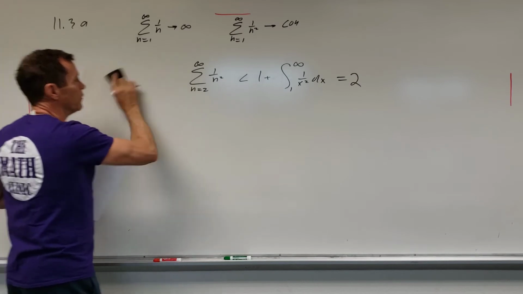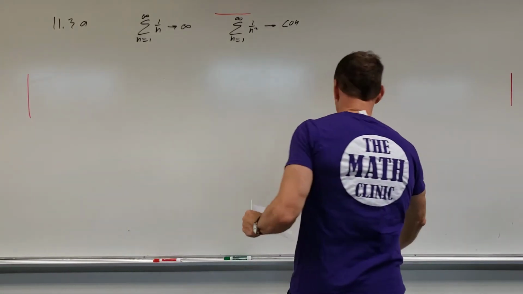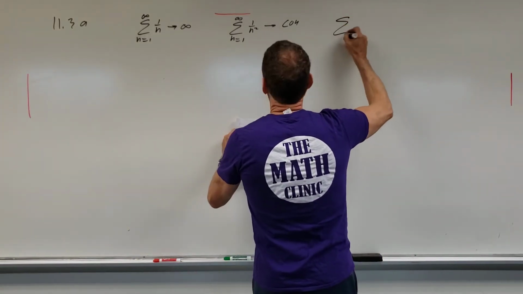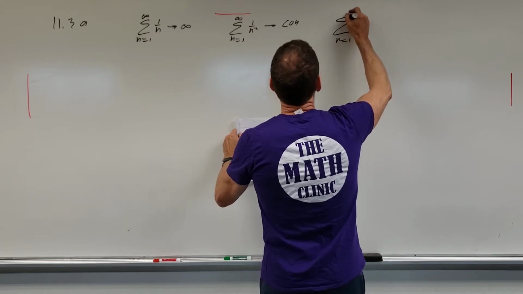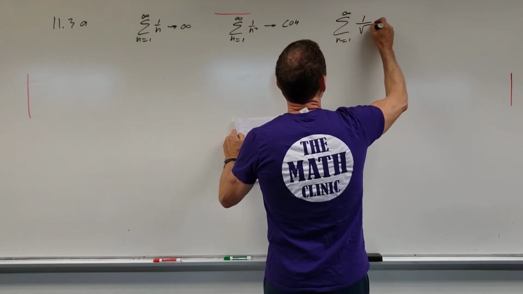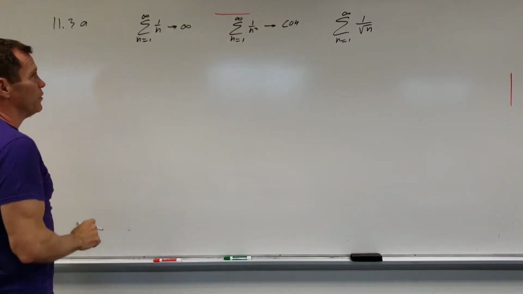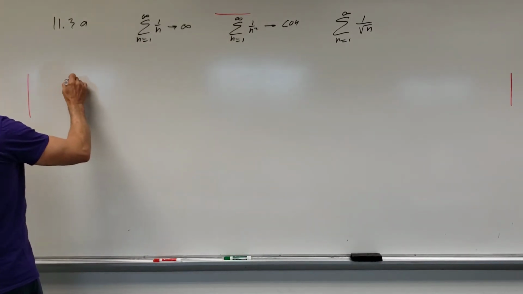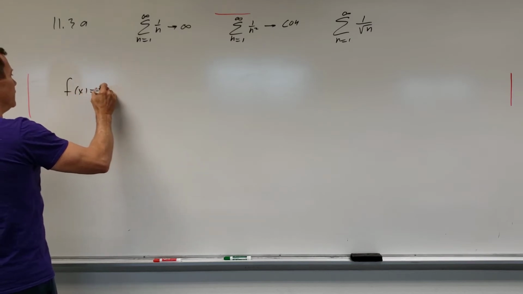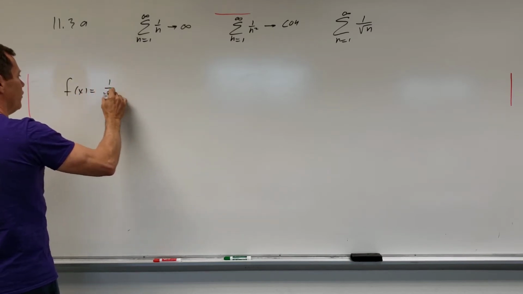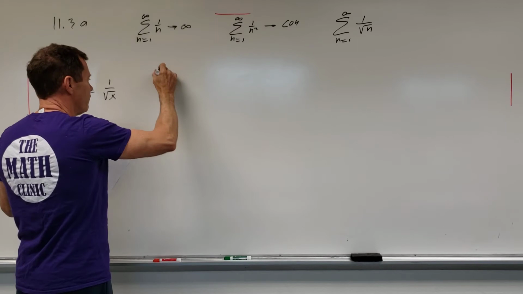Okay, let's look at another one. What about the sum n equals 1 to infinity of 1 over square root of n? Well, let's see what happens there. So I'm going to look at the function f of x equals 1 over square root of x. What does the graph of that function look like?